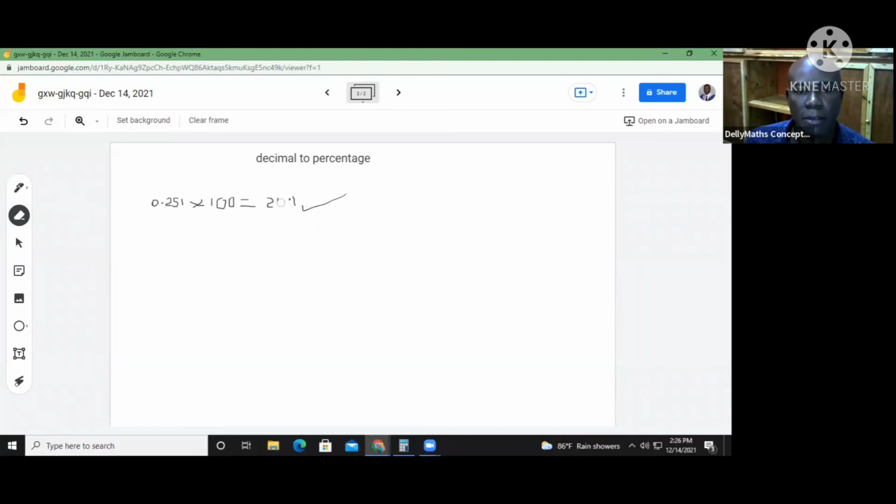So 0.251 times 100 gives us 25.1. Let's try something else. Let us say it's 8.56, and the intention is that we want to change this to a percentage. As long as it's to a percentage, just multiply by 100.